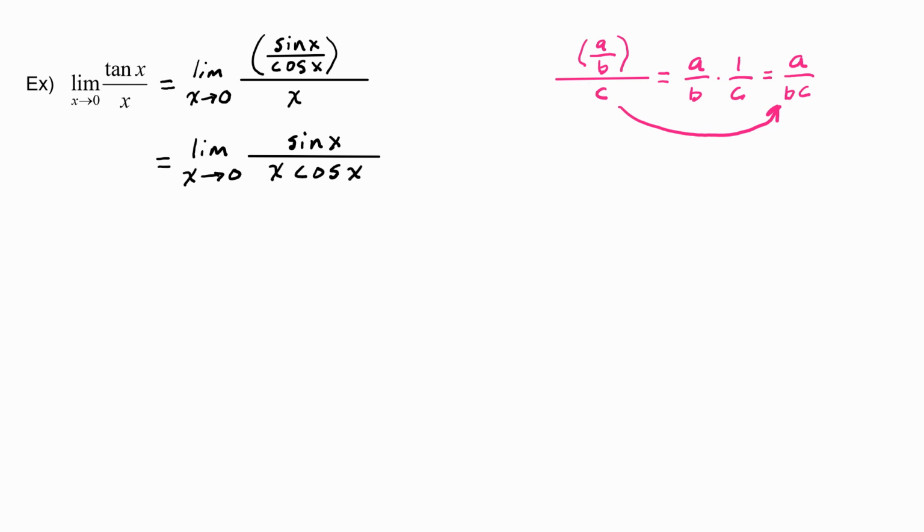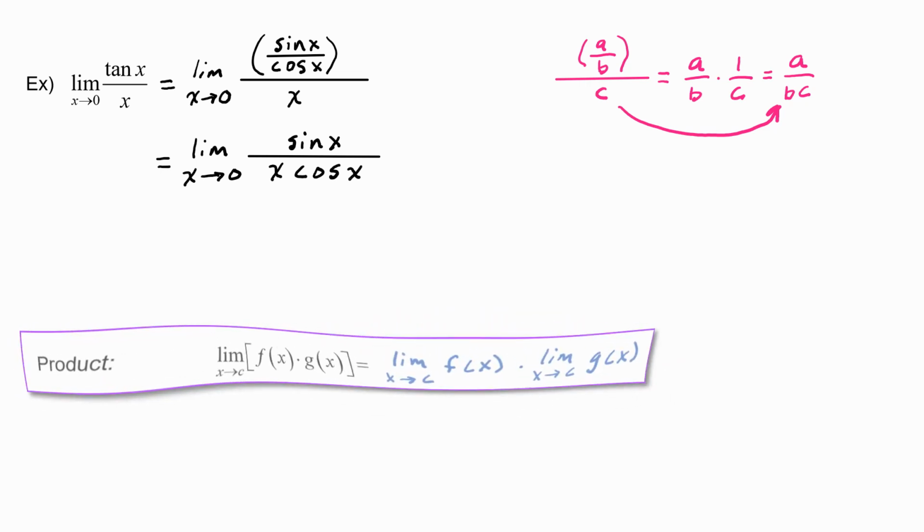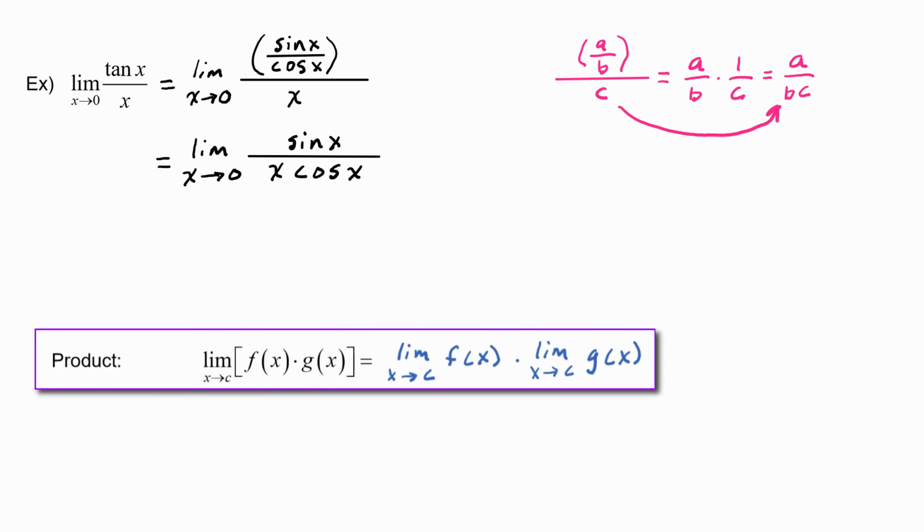Now what we can do is split this up into two limits. Because remember, the product rule says that the limit of a product is the product of the limits.